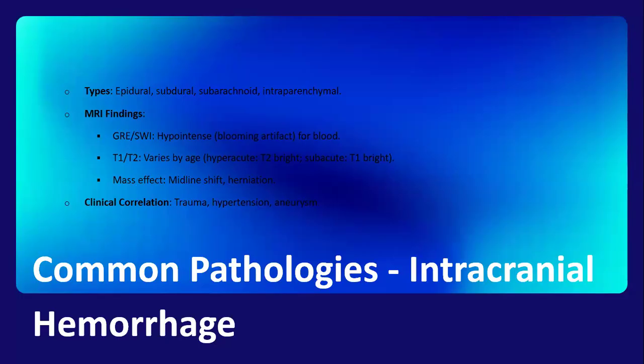On the GRE-SWI, which is similar to almost DWI ADC maps, you would have that blooming artifact for blood. However, notably, blood is not very good to be picked up on MRIs. It's much more prominently picked up on CT scans, but you can still be able to pick it up on MRI if you want to define it much better. Next slide, please.